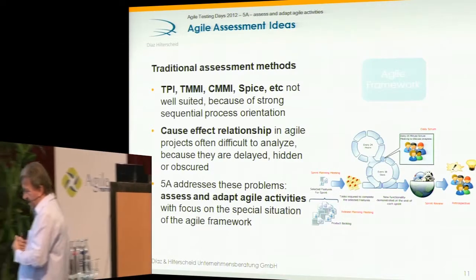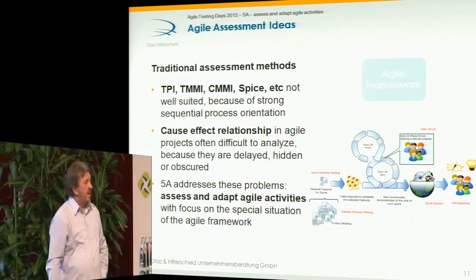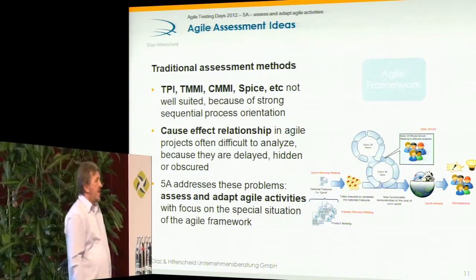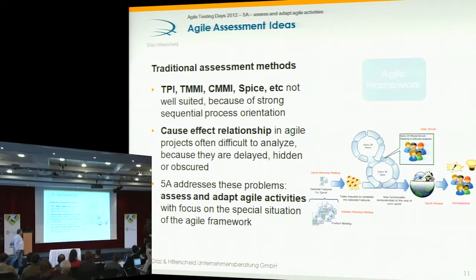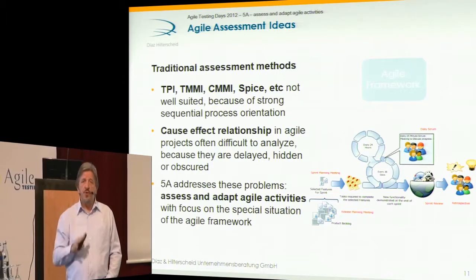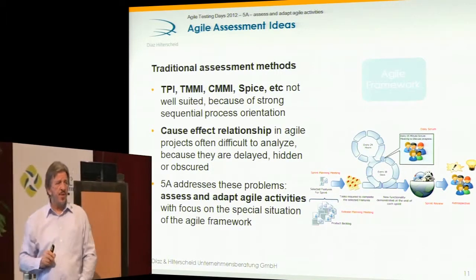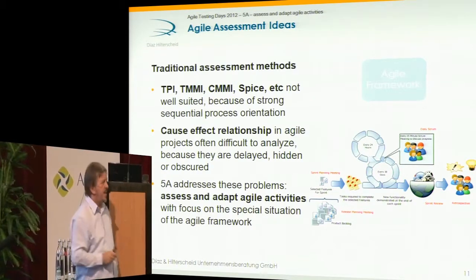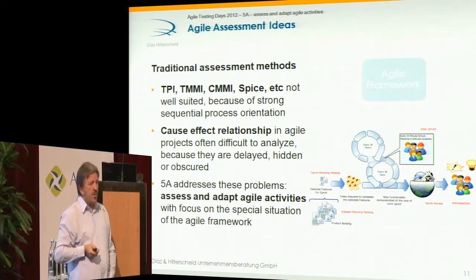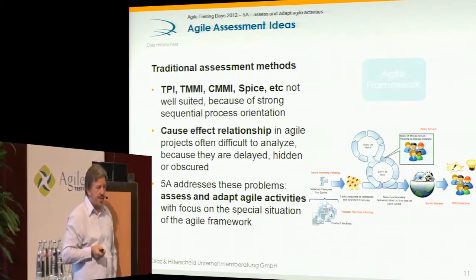You can adjust the TPI model in order to fit, let's say, agile core practices. Of course, you can do that. But the problem is these models pretty much focused on the sequential development models. So a TPI assessment does not lend itself very nicely to an agile method.